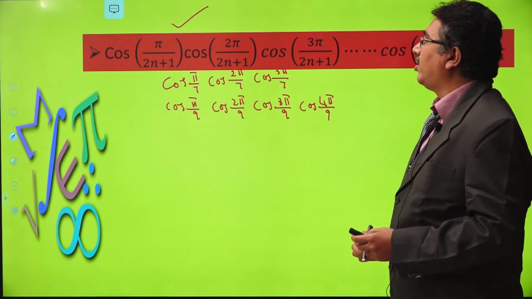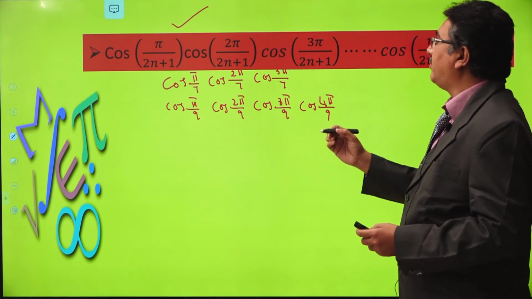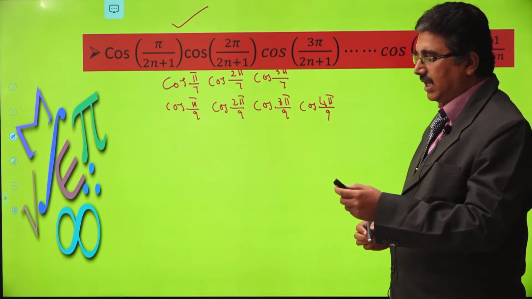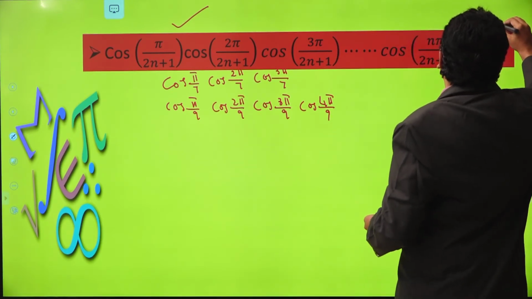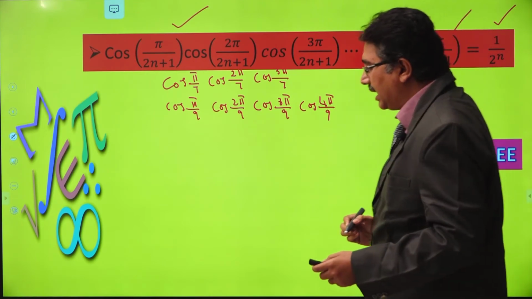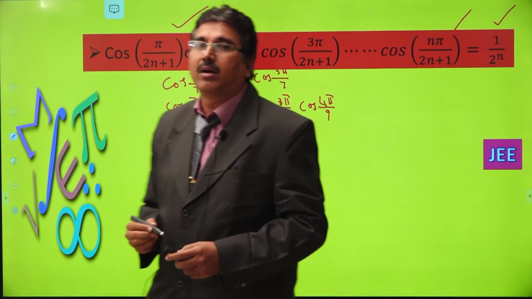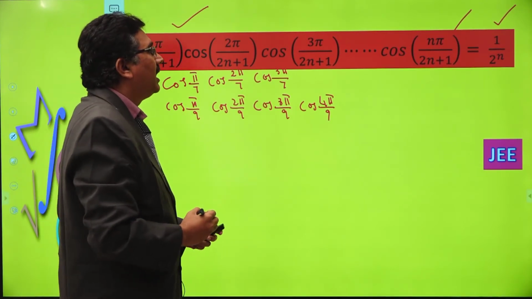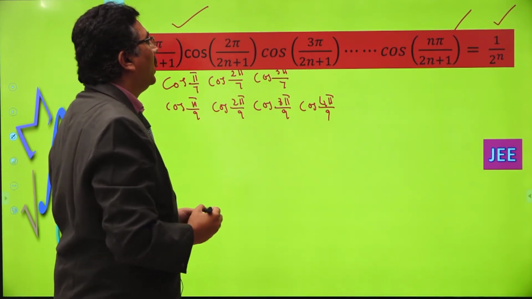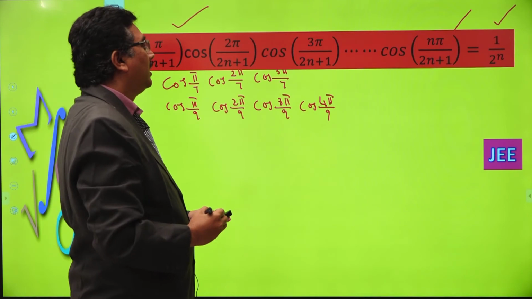The product of cos of these angles is equal to 1 by 2 power n, where n is the number of terms in the LHS.